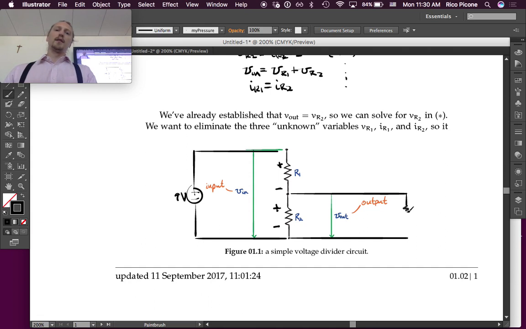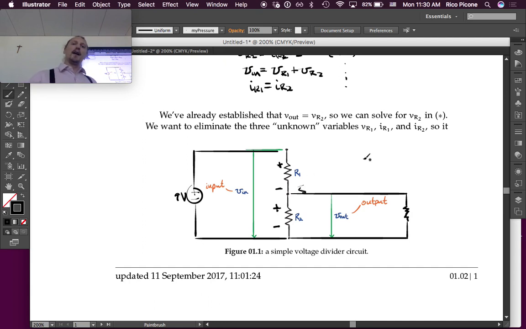If the load has any resistance that's not significantly larger than R2, it's going to draw the voltage down even more. We'll talk more about drawing down voltage, but it starts out at, say, 5 volts.